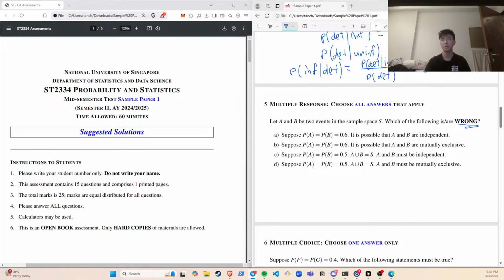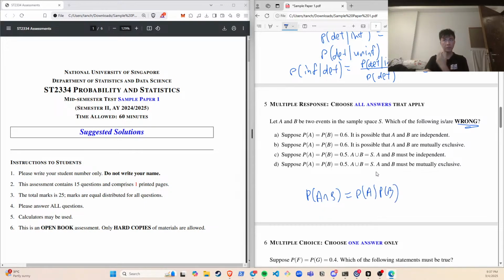I think it's possible, right? Independent is just saying that the P of A intersect B is the product of the both, right? So this is possible. So A is possible. A is true. Mutually exclusive, that's false.